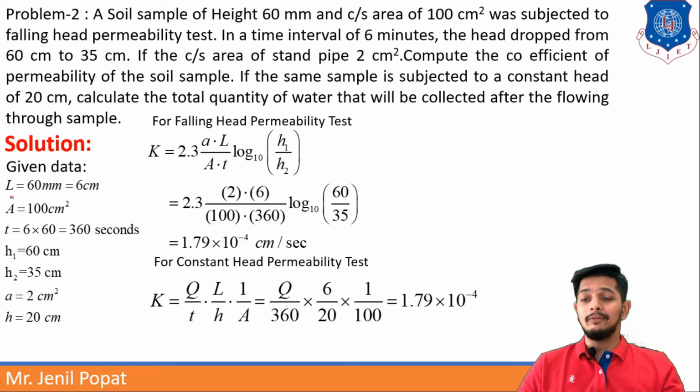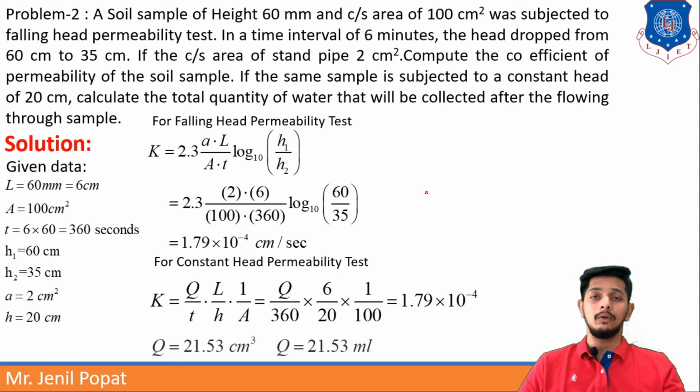So K I have got, and other values I have been provided with. So Q is unknown, and finding out Q from here, Q is 1.79 into 10 raised to minus 4. So that is how we can find out the quantity of water which is collected after flowing. That's it for problem 2. Let us move forward.